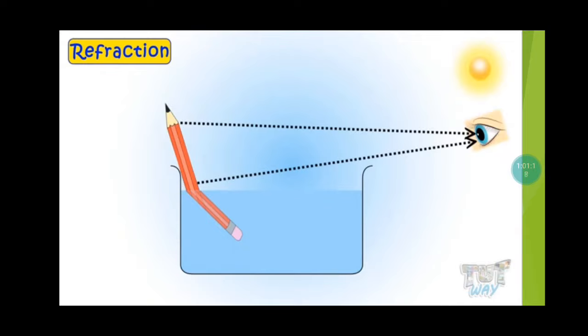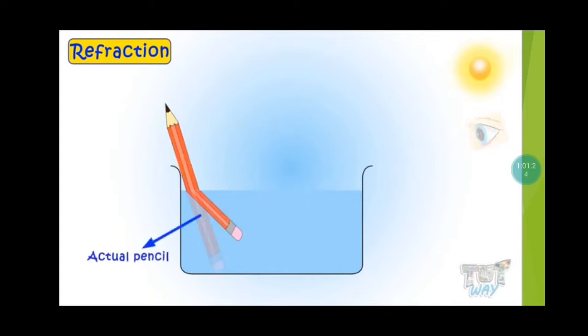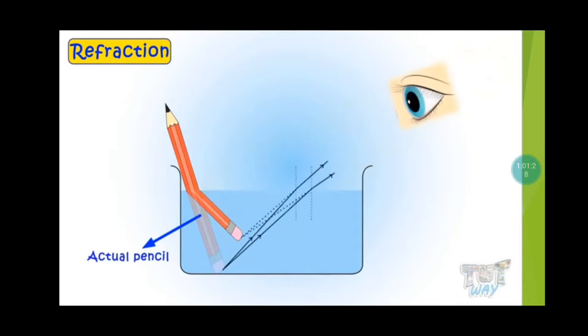So we see that pencil's straight, but the other half of the pencil is in the water. The light falling on the pencil doesn't come to our eyes directly. It gets bent because it is coming from the water to the air. And this is why we see the other half of the pencil bent.